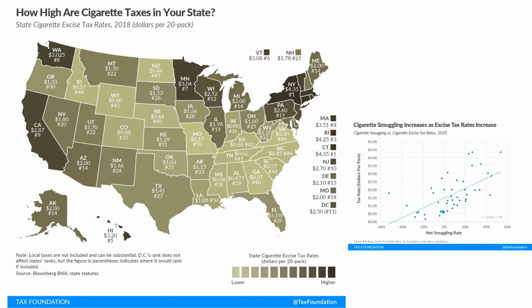So it's kind of interesting. In states with high tax, there's a greater percentage of the cigarettes in that state that have been smuggled in. Whereas there wouldn't be any incentive to smuggle in untaxed cigarettes in Missouri because they've got the lowest in the nation.